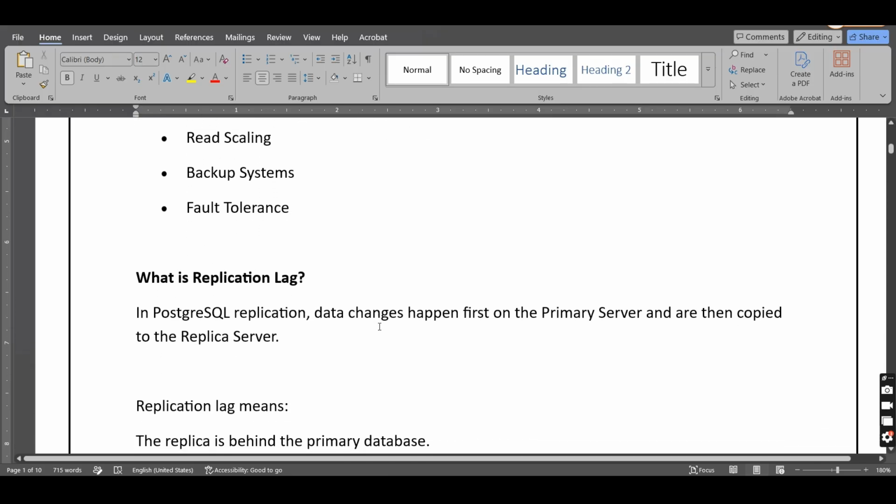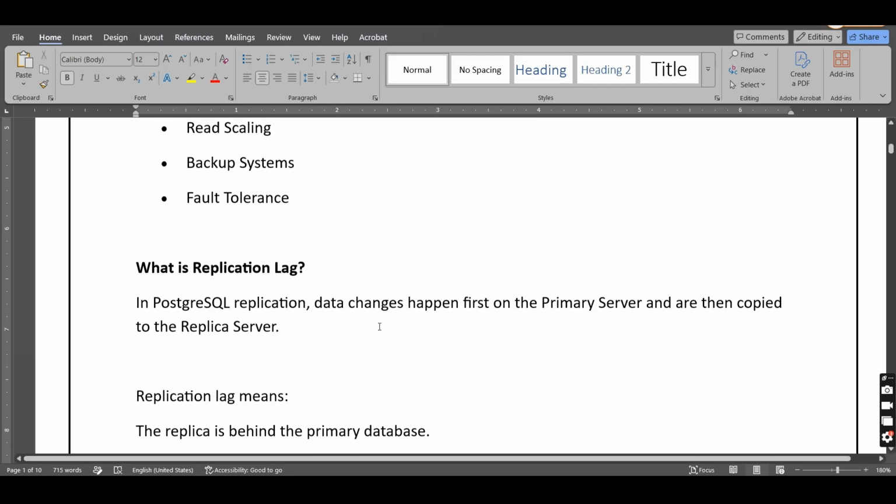And what is replication lag? Replication lag happens when data changes happen at the primary server and are then copied to the replica servers.